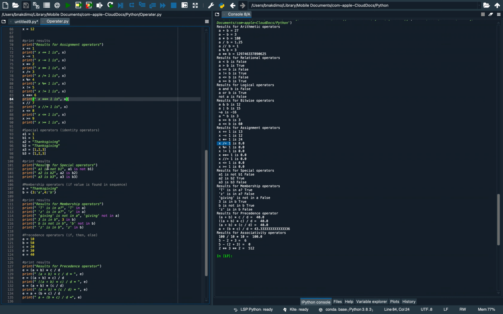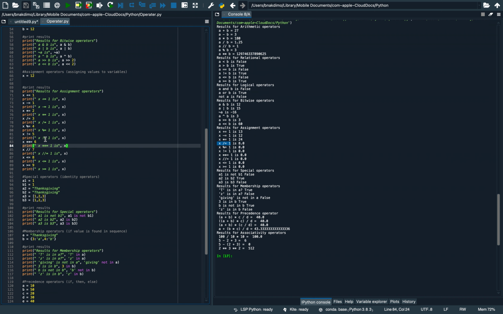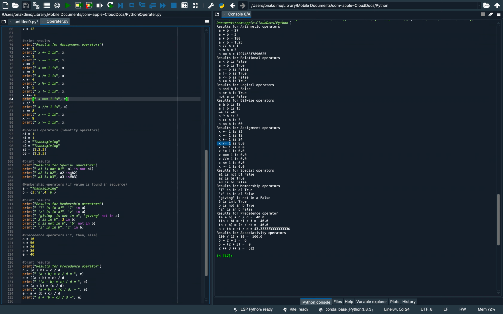The next operator is special operators. These ones compare, just like the bitwise and the logical operators. This one gives you true or false rather than just numbers. And instead of using and, or, not, it says is, is not. So it's asking, is the first variable the same, or is not, are they not the same?